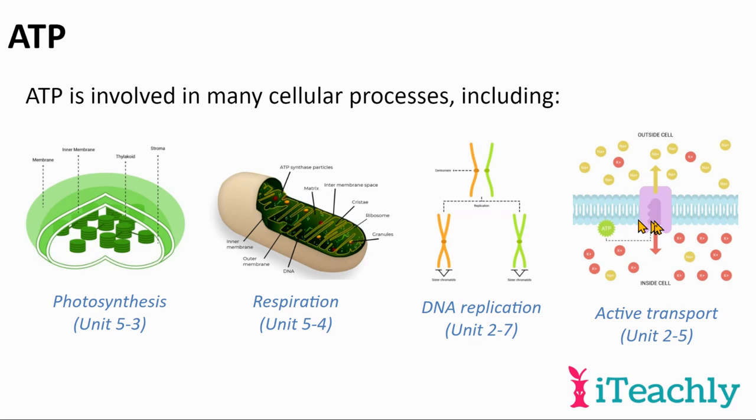This is that sodium-potassium pump. It's also needed for DNA replication. And even though the mitochondria makes ATP, it does require some ATP. The same with photosynthesis. Photosynthesis makes a little bit of ATP, but it requires more ATP than it actually makes.